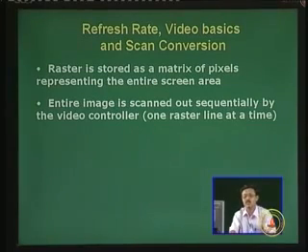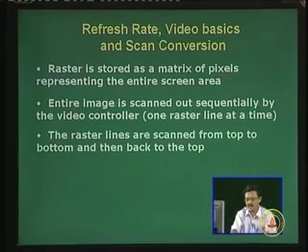So, it is scanned out sequentially essentially by the video controller, which has control of the electron beam. It scans one raster line at a time, and on each raster line it knows which pixels to switch on or off. Essentially the beam is off, but wherever it wants to switch on, it will switch on and go off. Okay.